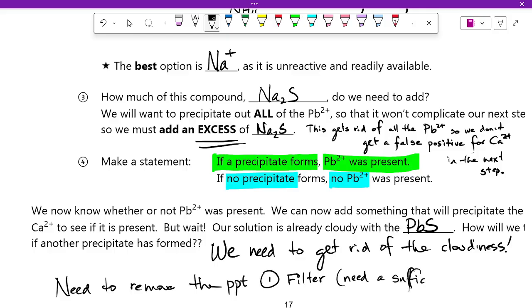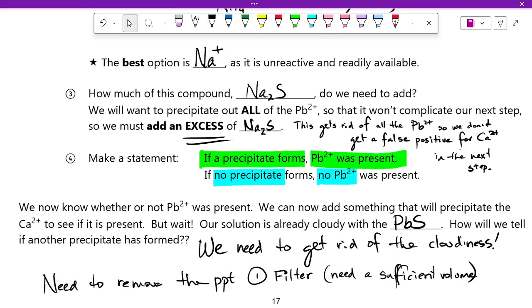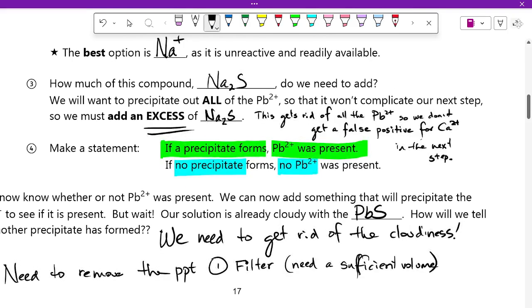You need a sufficient volume. Has anyone in here filtered anything? How long does it take? It's boring, yes? You're like, oh my God, are you going to finish dripping already? It also takes time. Big time.